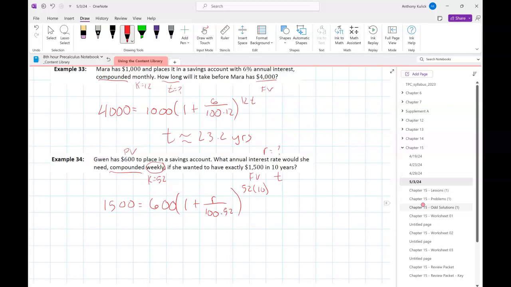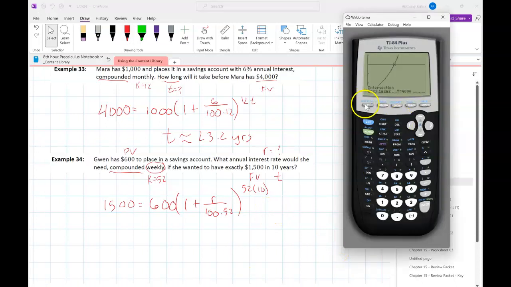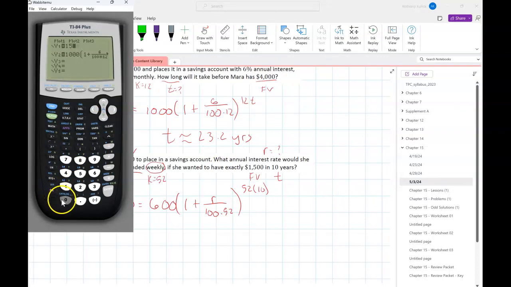A 520th root to cancel the exponent of 520. Or, what else could we do? Graph it and find the intersection. Let's do that. Again, it's okay to solve these algebraically if you'd like. I do not need you to do that, though. If you want to just set it up and then graph it, that is okay by me.